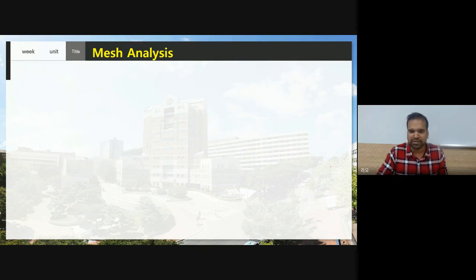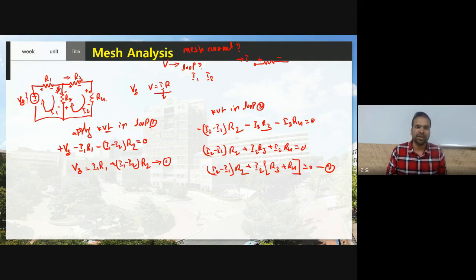Now see what is our ultimate goal here. By using mesh analysis, you need to find what? Mesh current. Now here you have two equations, equation 1 and equation 2. Of course, in the circuit, you know the voltage, and you know the R1, R2, R3, R4 values. So if you substitute resistor and voltage values, you have what?